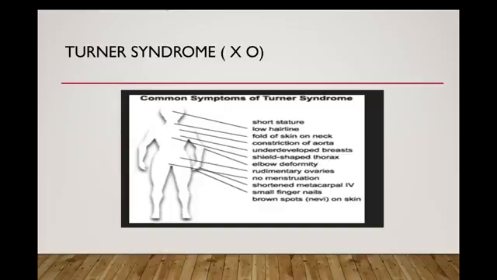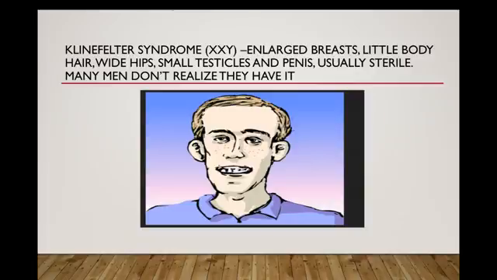One of the problems here would be sterility. Klinefelter syndrome, for males, again, sterility would be an outgrowth of this. For these 2 disorders, sometimes people don't know about their disorder until they're adults.